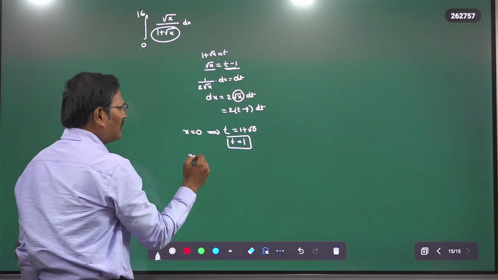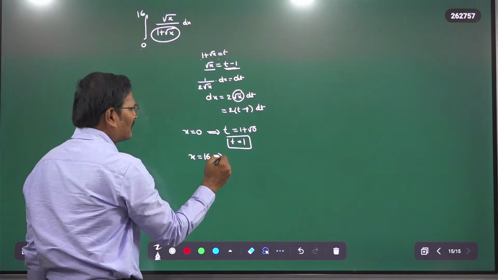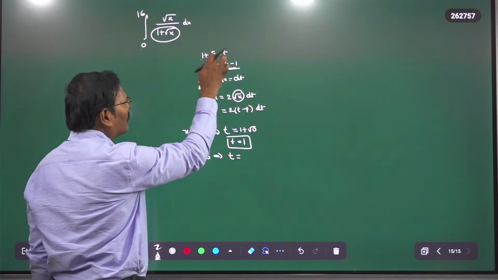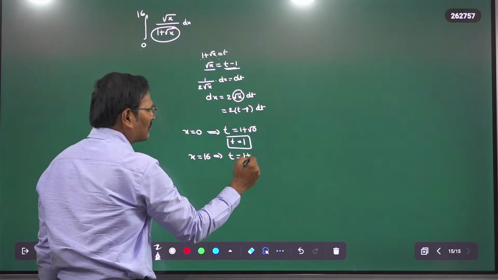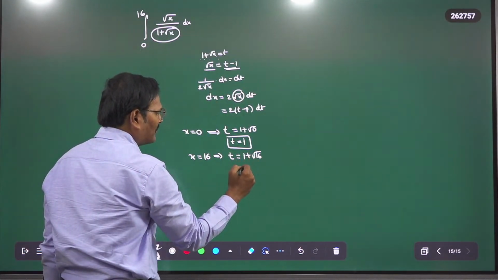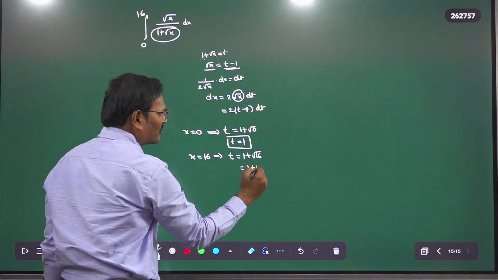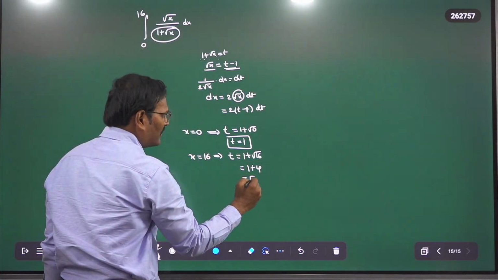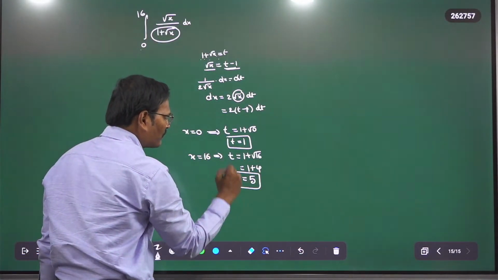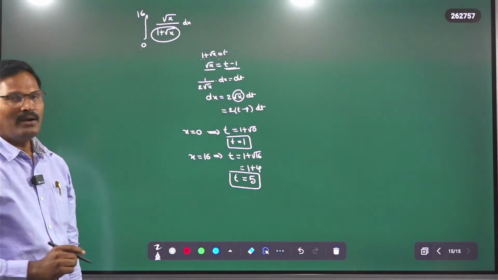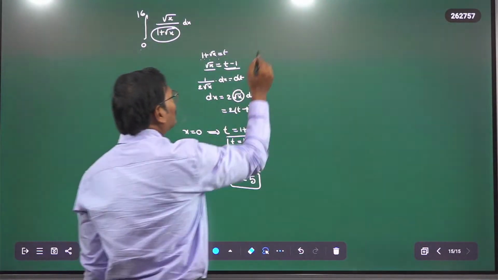And x is equal to 16, then t is equal to 1 plus root 16. So 1 plus root 16 means 4, so t is equal to 5. So here the t limits are 1 to 5.